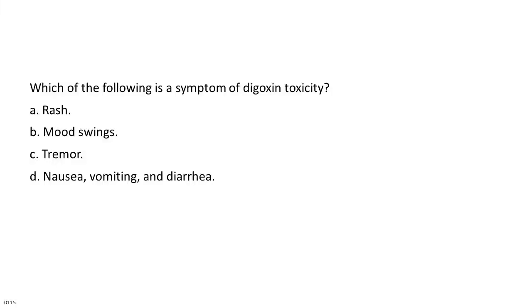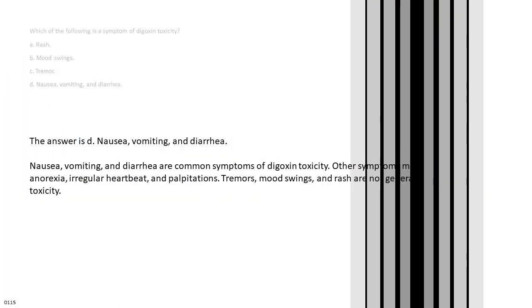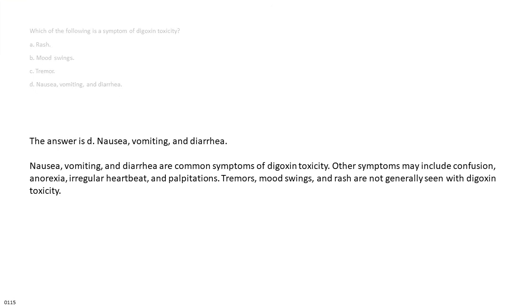Which of the following is a symptom of digoxin toxicity? A. Rash. B. Mood swings. C. Tremor. D. Nausea, vomiting, and diarrhea. The answer is D. Nausea, vomiting, and diarrhea.